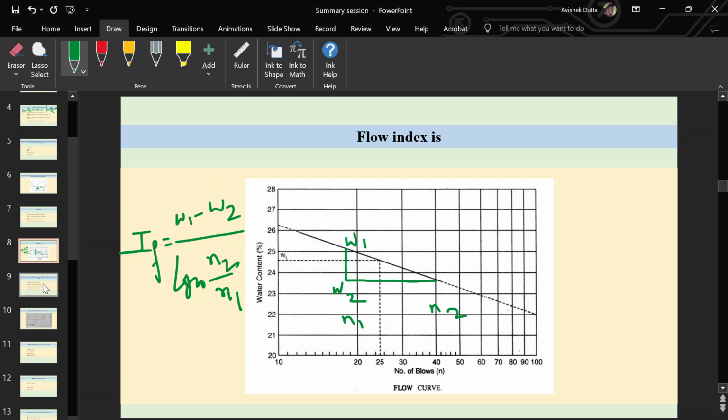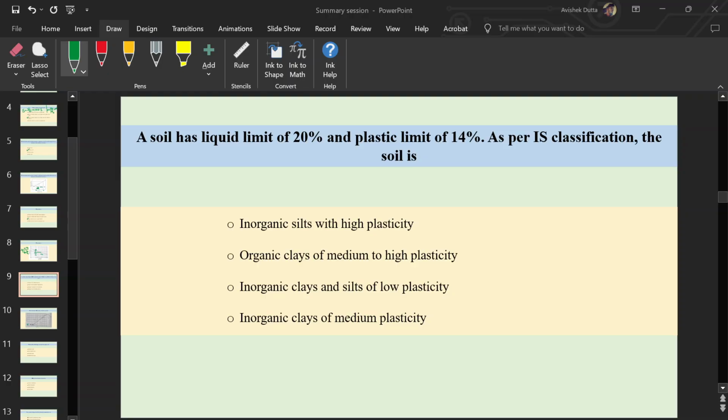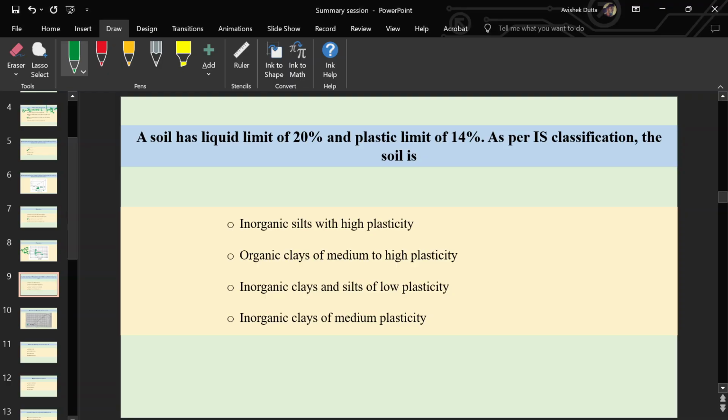Next question. A soil has a liquid limit of 20% and a plastic limit of 14%. As per IS classification, the soil is: inorganic silts with high plasticity, organic clays of medium to high plasticity, inorganic clays and silts of low plasticity, or inorganic clays of medium plasticity.